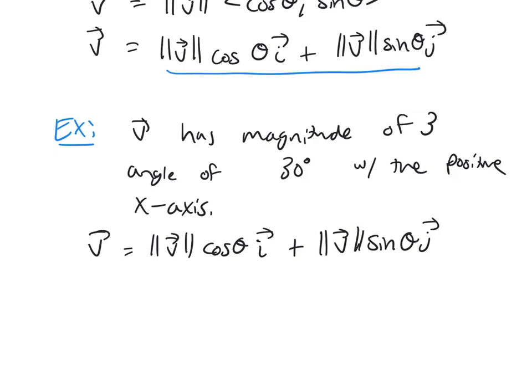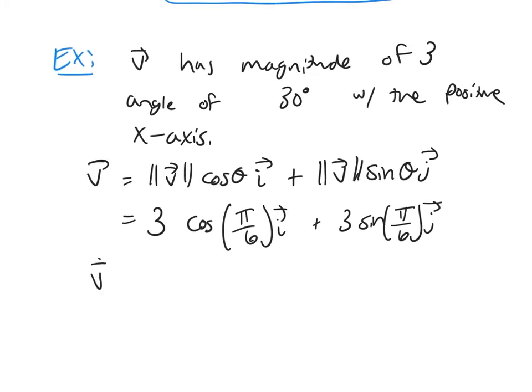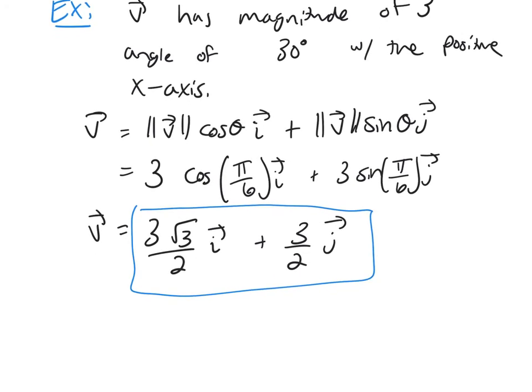I know the length, they tell me it's 3. And then cosine, we're going to work not in degrees but radians, so 3 cosine of pi over 6 i plus 3 sine of pi over 6 j. If you plug these in, we can now write the vector v as (3 square root of 3 over 2) i plus (3/2) j. So if you know the magnitude of your vector and your angle, you can write the vector explicitly.